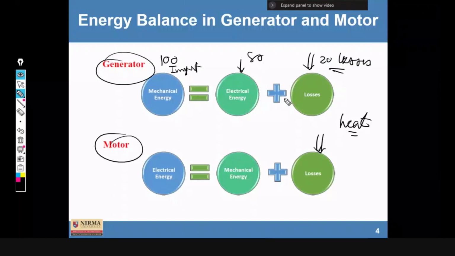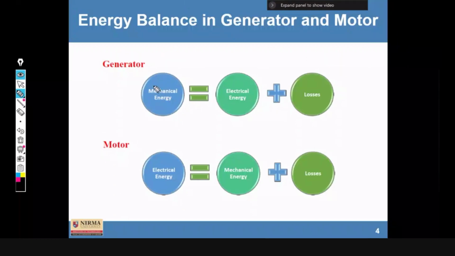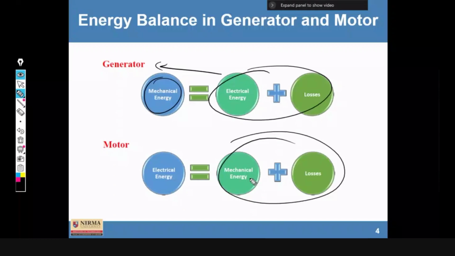You have to remember the formation of these equations: mechanical energy is equal to electrical energy plus losses for a generator, and electrical energy is equal to mechanical energy plus losses for a motor. So you need to take care of these energy balance equations.